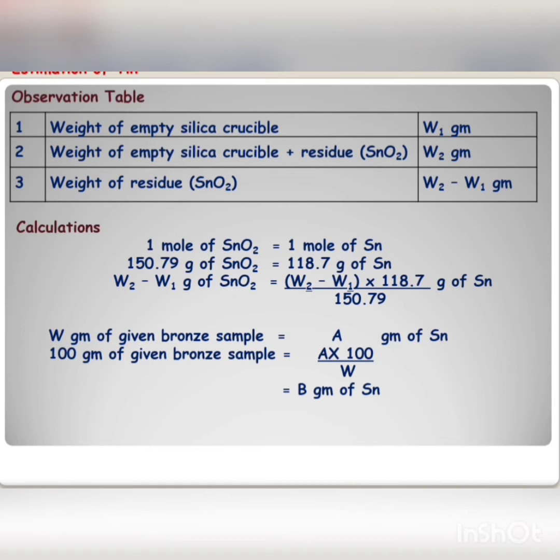As we have to calculate the percentage, we should convert this to 100 gram. That is, W gram of given bronze sample contains A gram of tin, so 100 gram contains how many grams of tin? Here we do cross multiplication, and finally we get B gram of tin as the percentage of tin in the bronze sample.